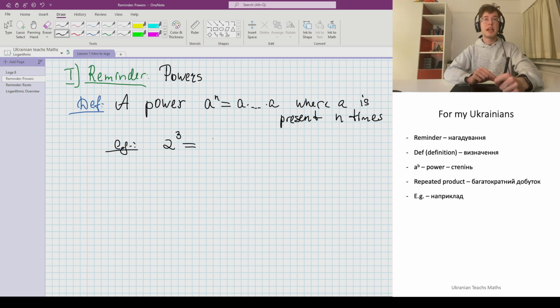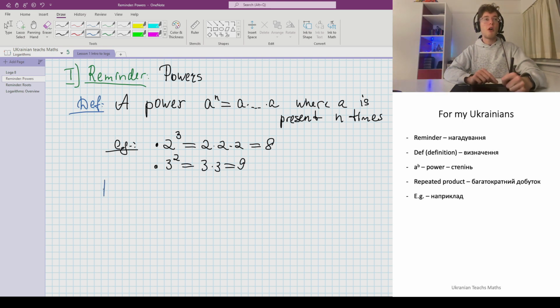This is going to be a product of 3 twos, which is 2 times 2 times 2, which is 8. Or the other way around, we have 3 raised to the power of 2, which is going to be 3 times 3, which is 9.